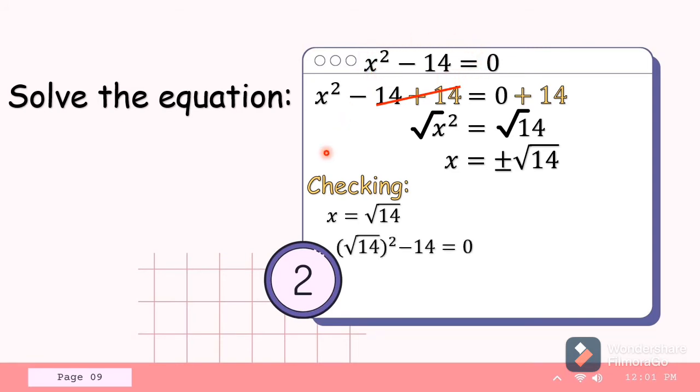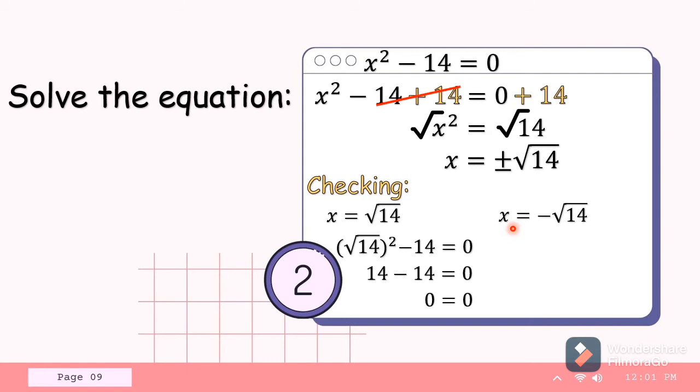So, ang kalalabasan niya is square root of 14 squared minus 14 is equal to 0. Alam naman natin na ang square root of 14 squared will be 14. So, 14 minus 14 equal to 0. Since equal yung nasa dulo natin, which is 0 equal to 0, then positive square root of 14 is correct.